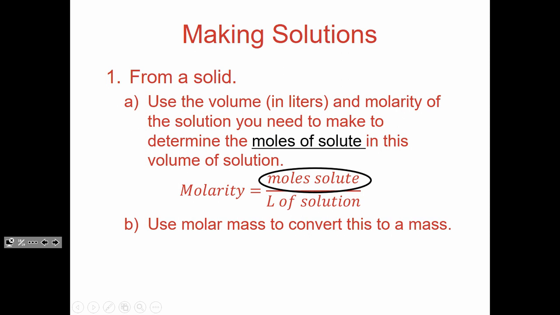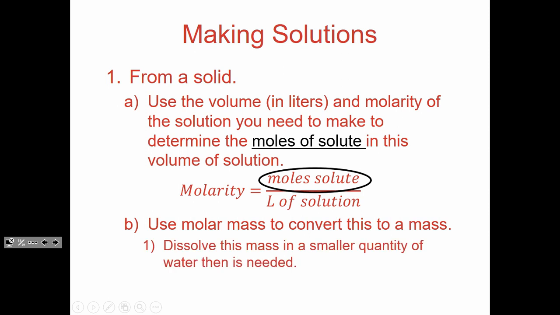Now, the other thing you need to understand, there is more than just this. You also have to understand how you would make this solution. The fundamental idea is you're going to measure out that mass, and then dissolve it in a smaller quantity of water than the total volume that we're going to end up with. Because if we put the correct volume in there at the beginning and we dissolve a solid into it, our volume is going to go up a little bit and we no longer have the appropriate concentration.